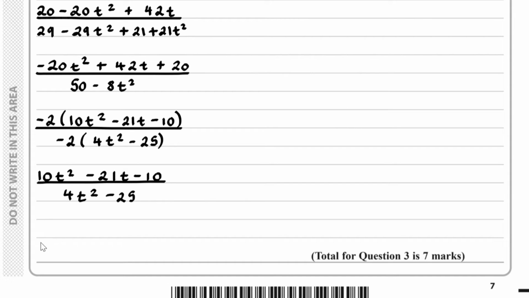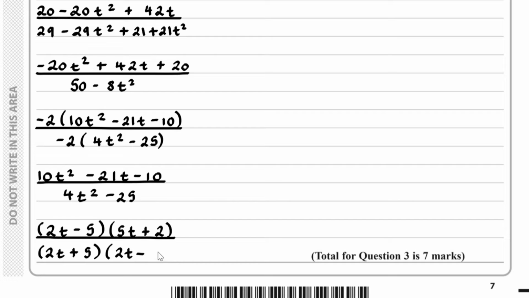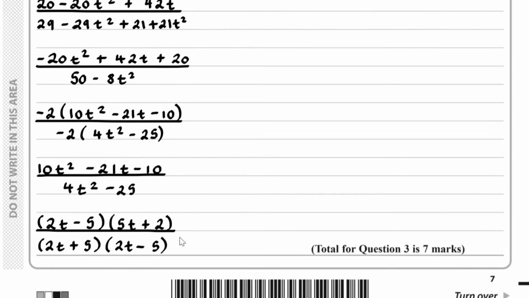So, factorizing, we have 2t subtract 5 multiplied by 5t plus 2, and on the bottom we have 2t plus 5 multiplied by 2t subtract 5.